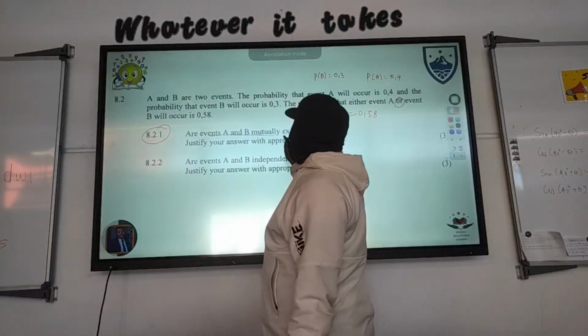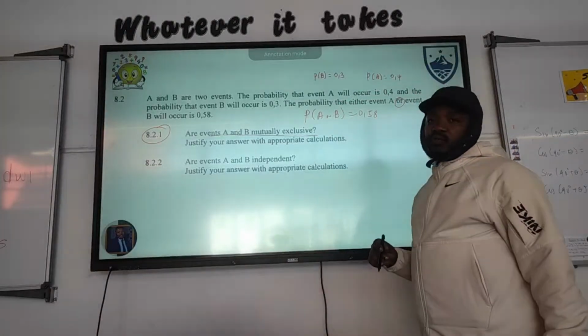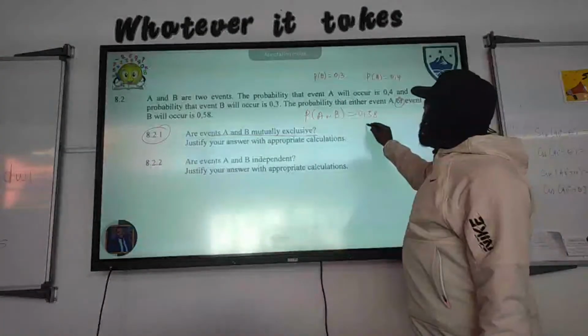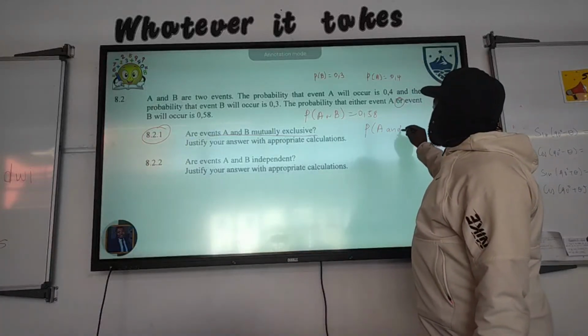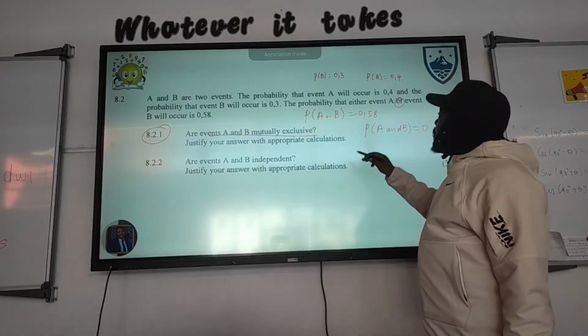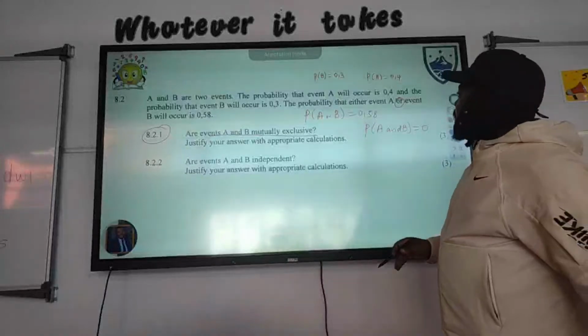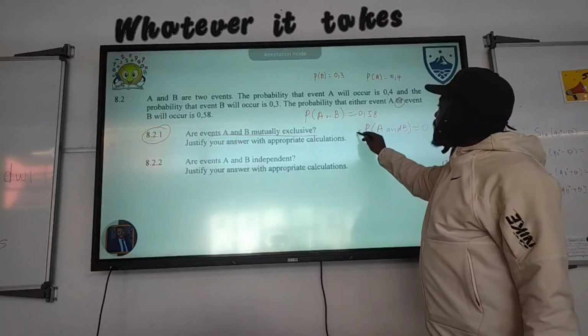And then the first question starts and says, are events A and B mutually exclusive? And we said for events to be mutually exclusive, we need to make sure that the probability of A and B happening at the same time is actually 0. From the information that we have here, none of it is actually telling us this.